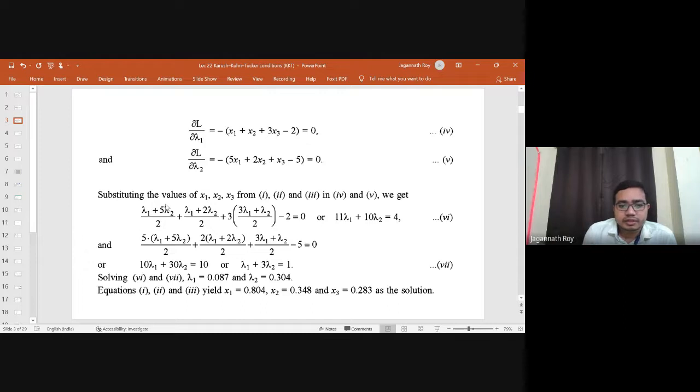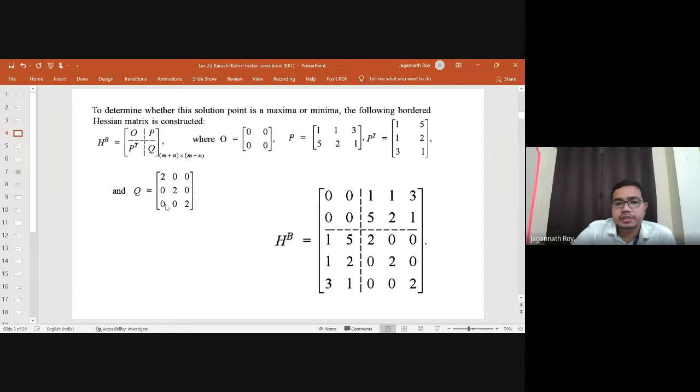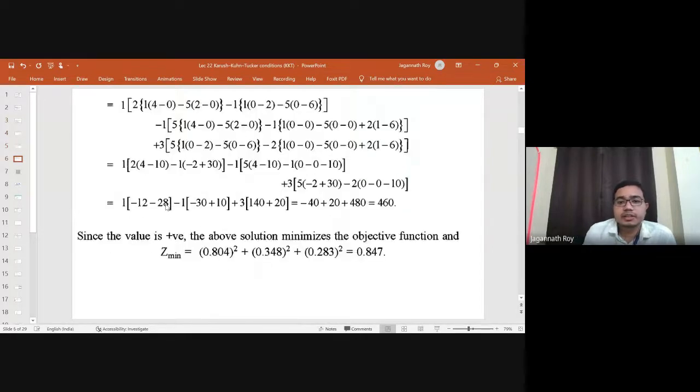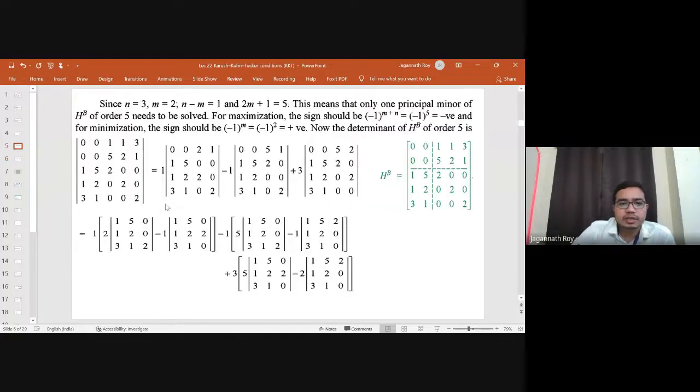There we saw x1 was this value, then x2 and x3, and after that we found the optimal value z min was 0.847. That is the minimum value because the delta for this Hessian matrix was positive. Since this was an equality constraint, we did not know whether it was minimization or maximization, it was just written as optimize.